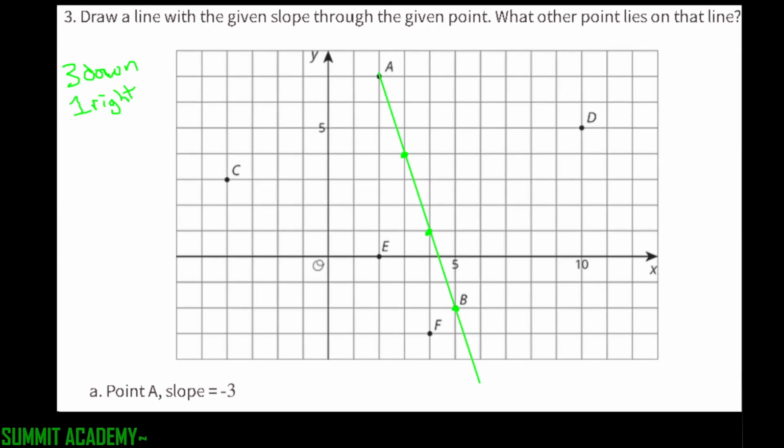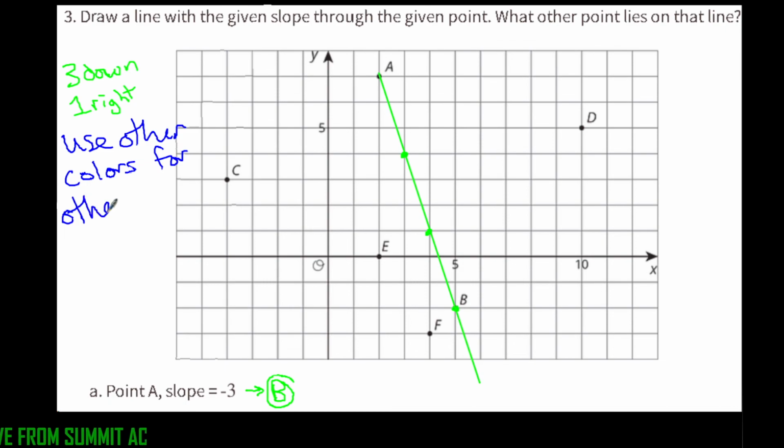Well, the other point that it goes through, I would say this point also goes through the point B. And so make sure that you use other colors for other lines. So be able to draw those points, draw a line through it, see what other point lies on that line.